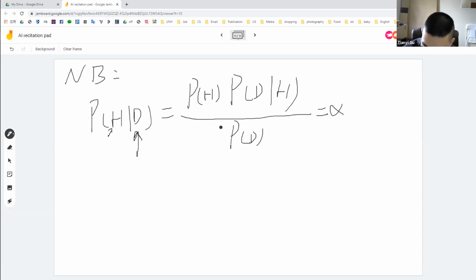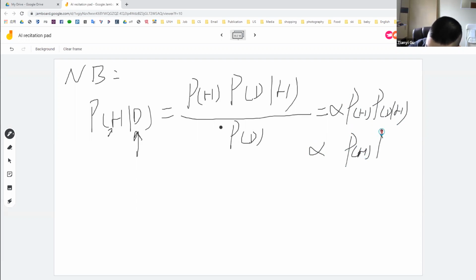It's just a coefficient of P of H, and it is a positive, non-zero number, so we can omit it. Maybe I shouldn't use alpha. Anyway, this is not alpha anymore. The result is proportional to this value. This is what we care to compute.